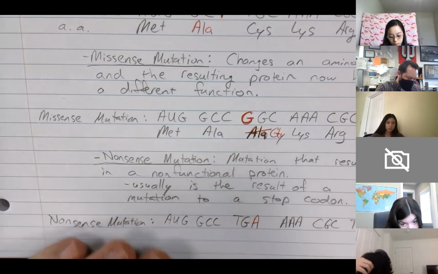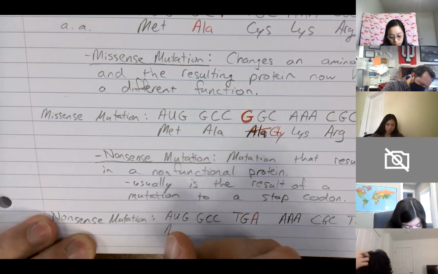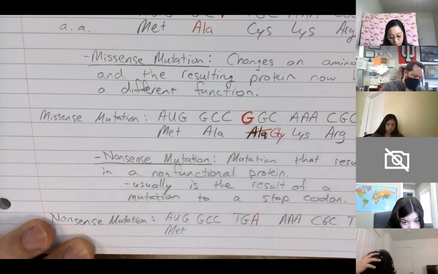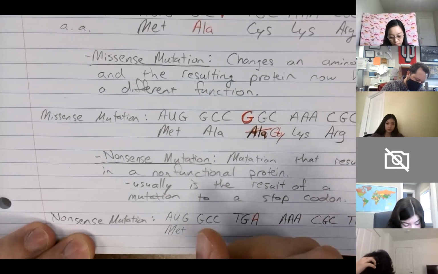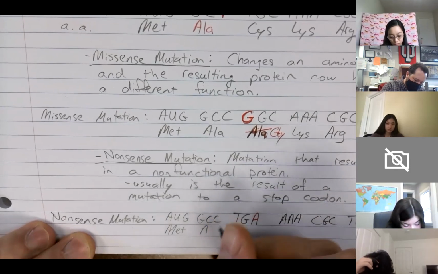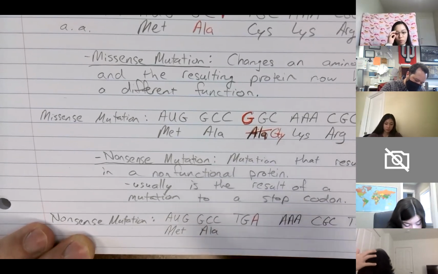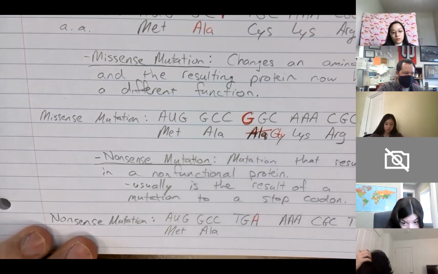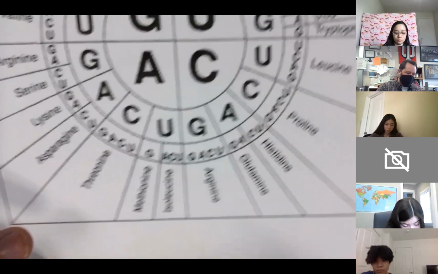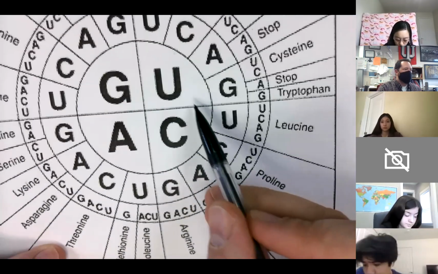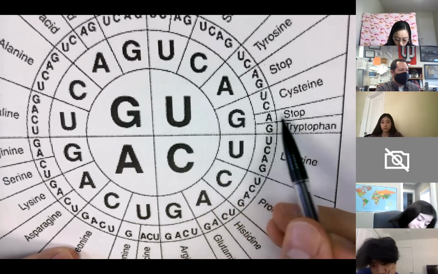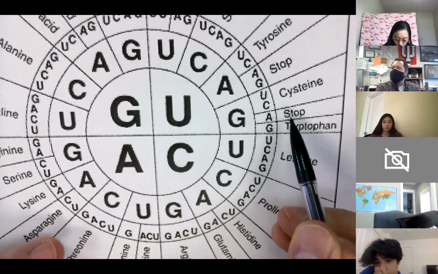Again, AUG, all right, that hasn't changed. Met. GCC, that hasn't changed. Ala. UGA, let's see what that is. Again, T should be U, so U, G, A. Ooh, there we are.